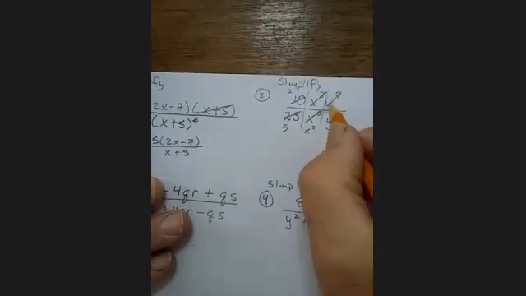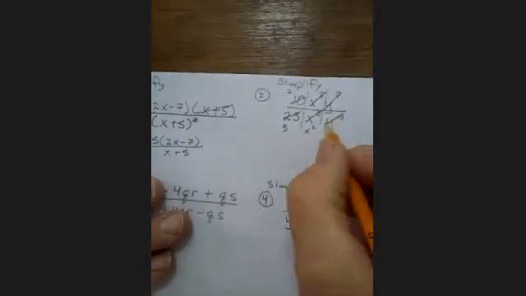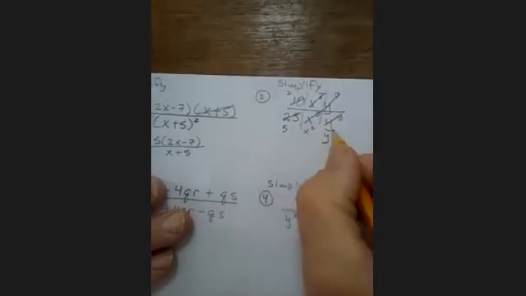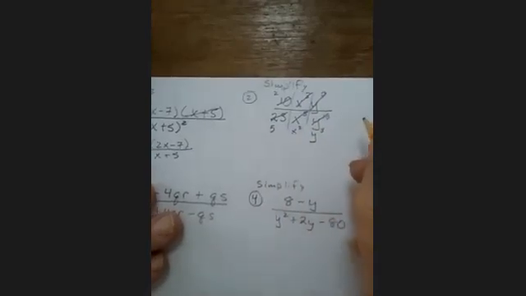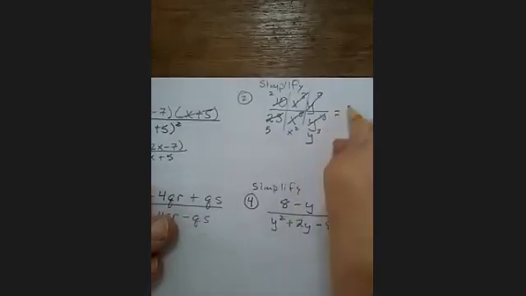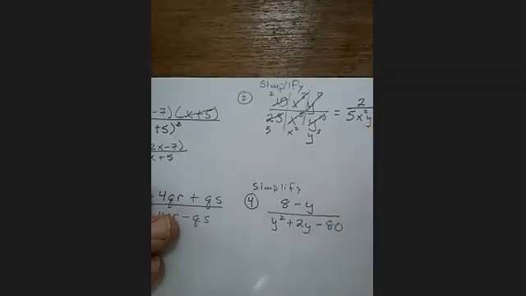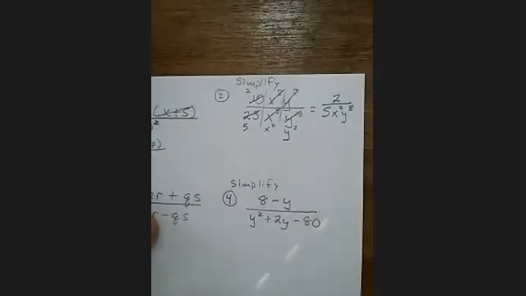Cancel 7 up here and 7 here, leaves you with y to the third there. What you've got left is 2 over 5x squared y cubed. Okay, you're done.